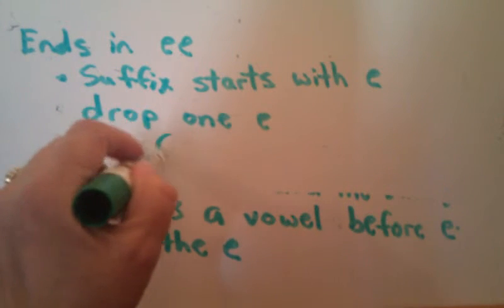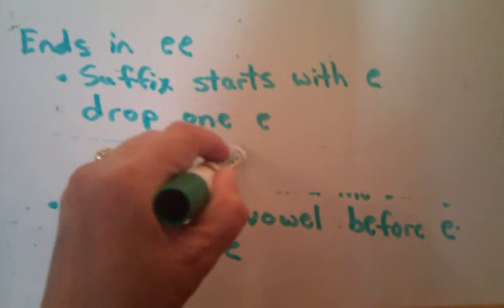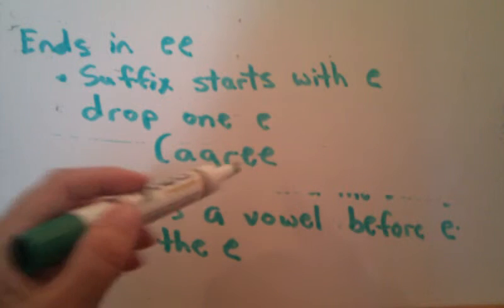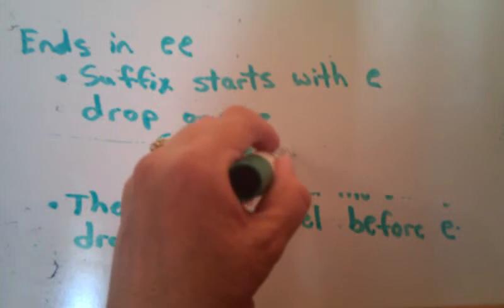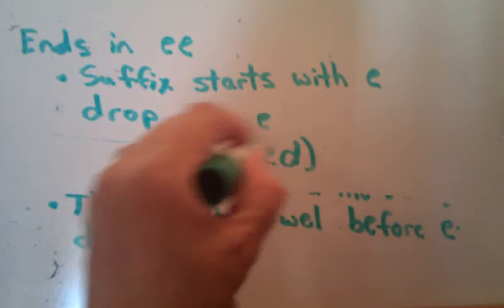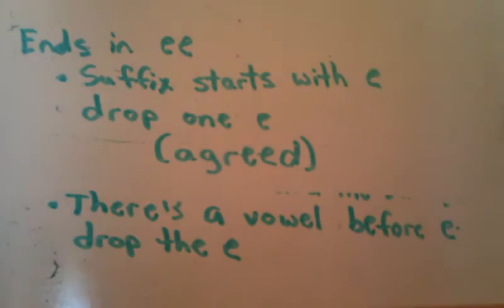Like, if I have agree, that ends in two E's. If I want to say agreed, I want to add ED. I'm just going to drop one, because we don't want three E's here. Okay?